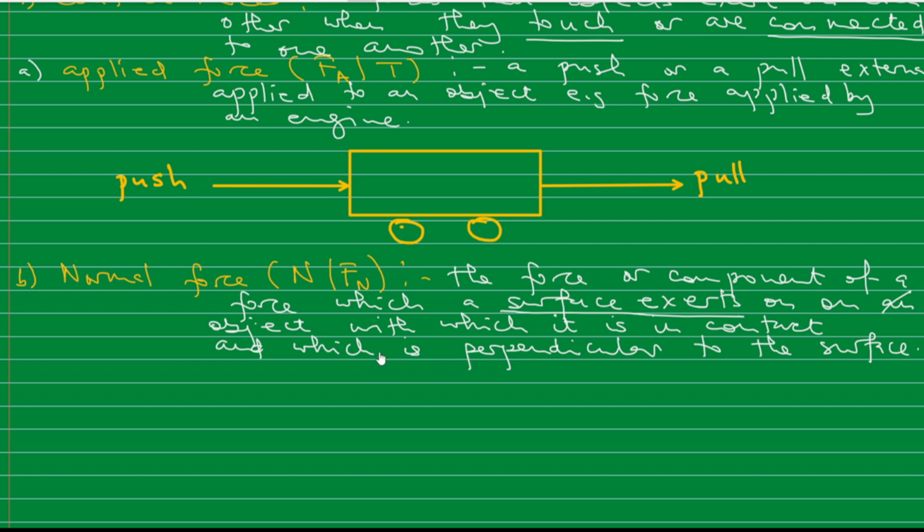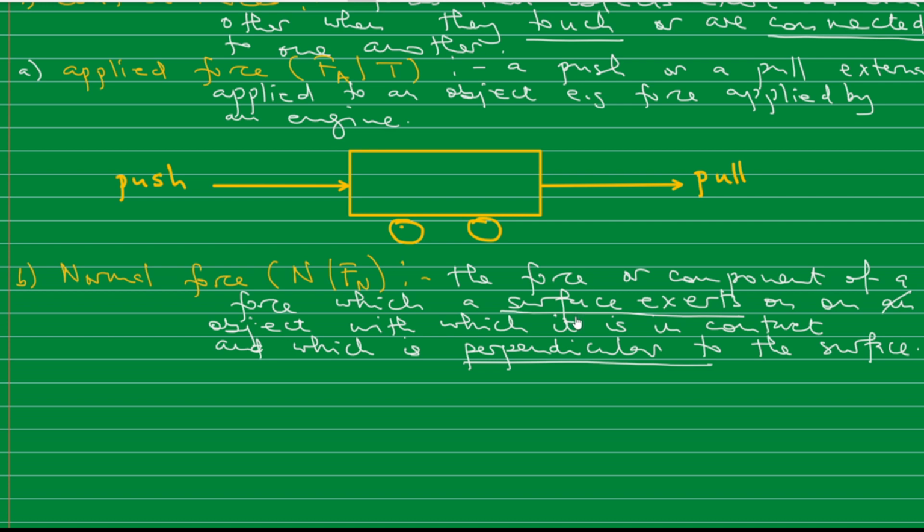Secondly, that force is perpendicular to the surface. So for example, when you are sitting on a chair, the surface of the chair is exerting a force on your body. And that force which the surface is exerting is what we call the normal force.